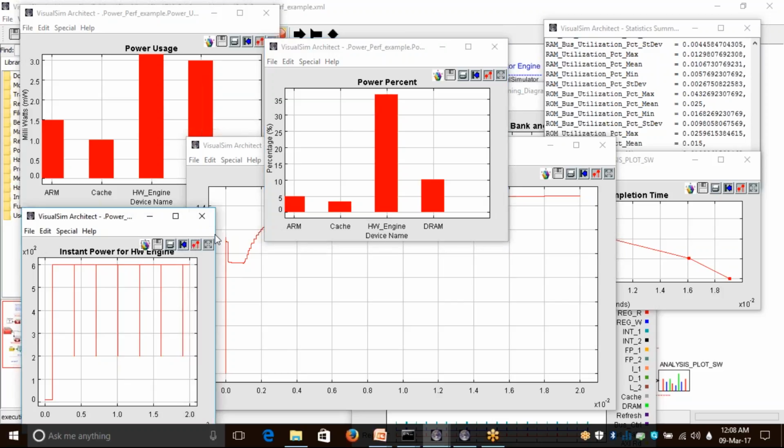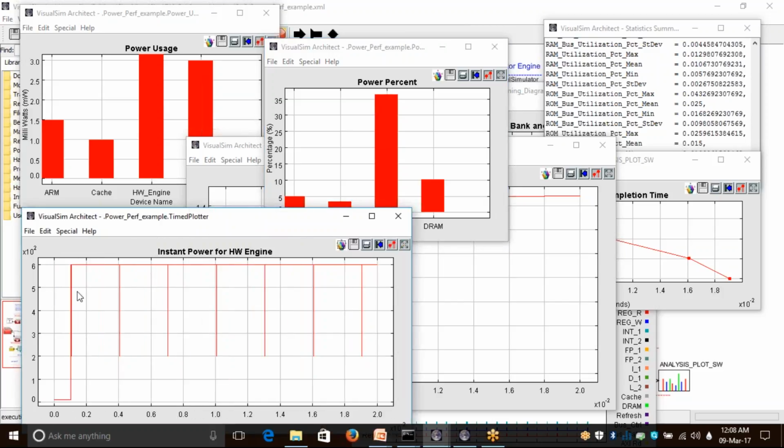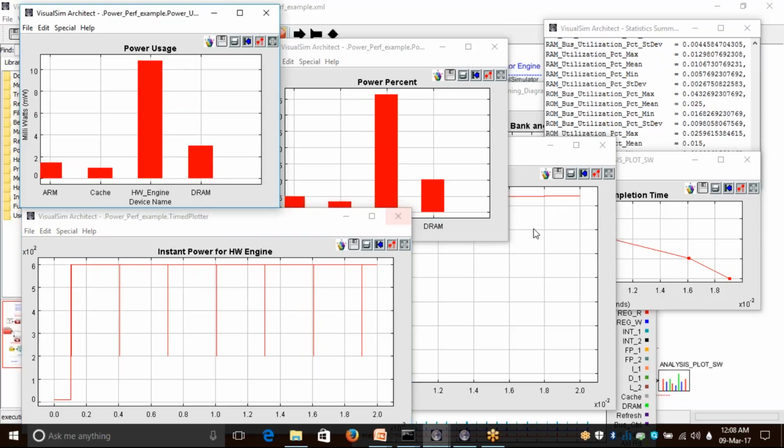Looking at the activity of the hardware engine, I can see it is in an always on state. So whether you have tasks running on your platform or nothing, it is in the on state all the time, and that is the major reason for the increased power consumption.